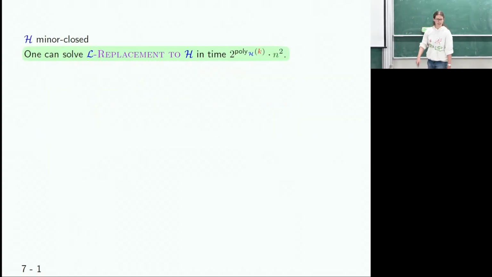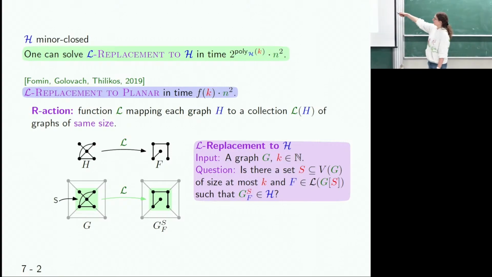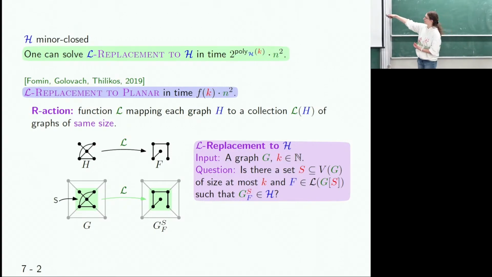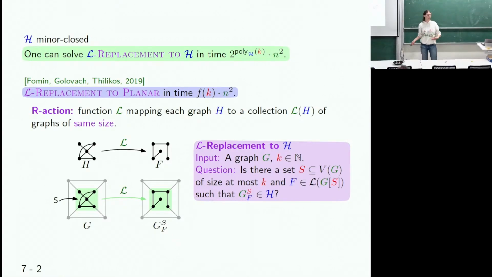So what is exactly the statement that we prove? Like I said before, the L replacement is a replacement action that maps the graph to the modification somehow that you're allowed to do. But the problem with that setting is that you just map a graph H to graphs of the same size.